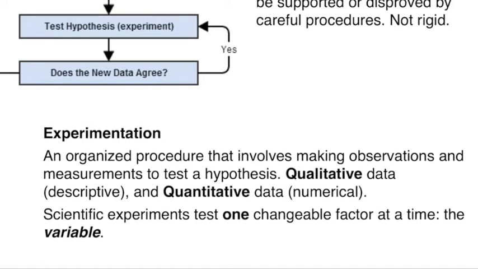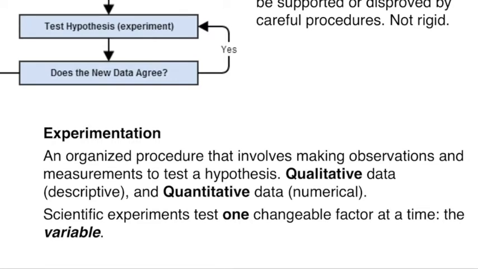They're not measurements. They are descriptions. They are, the gorilla looked nervous today, or he took all the bananas. So that would be a qualitative type of data. Quantitative is, he ate this many pounds of bananas.